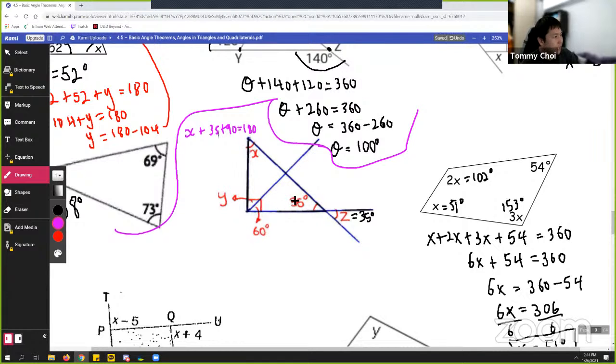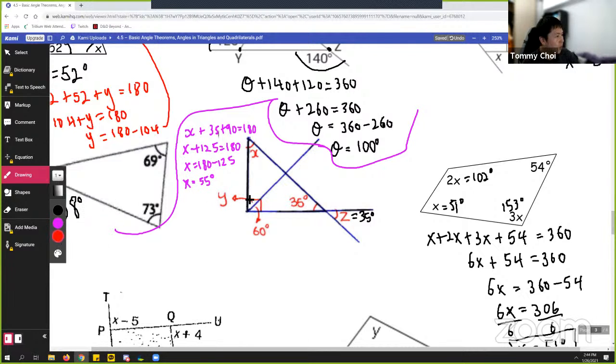In doing so, we can solve for x, which gives me x plus 125 is equal to 180. We move the 125 to the other side and subtract, and we get x is equal to 55 degrees.